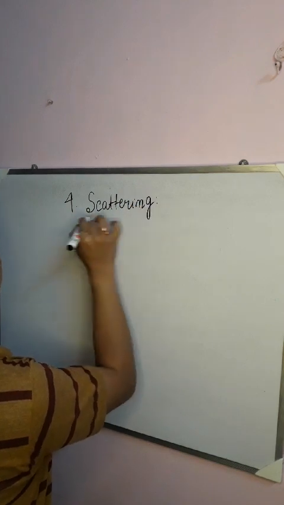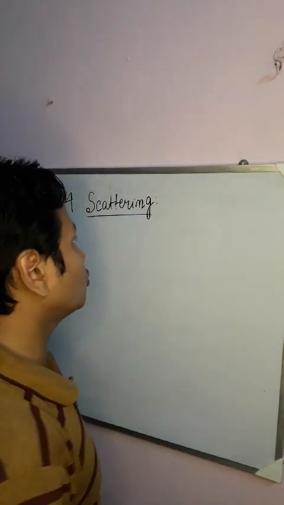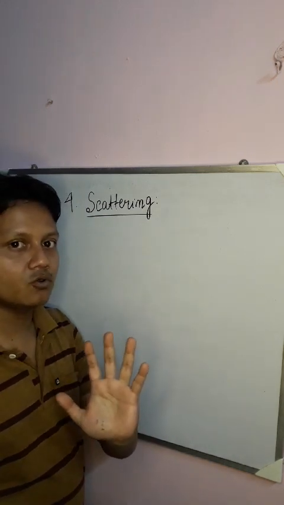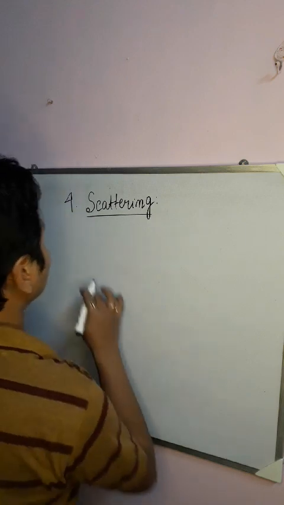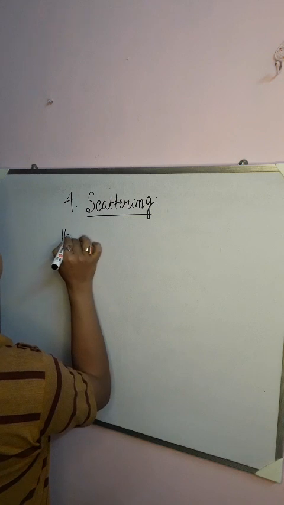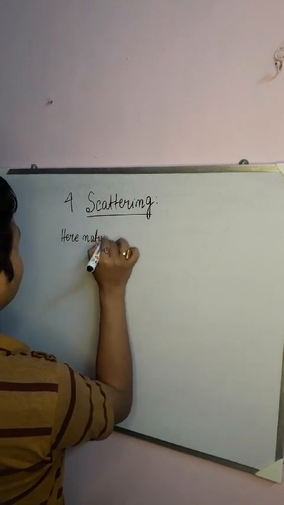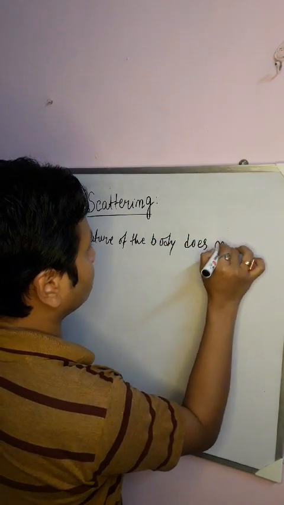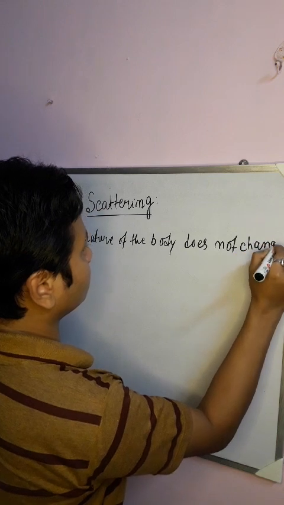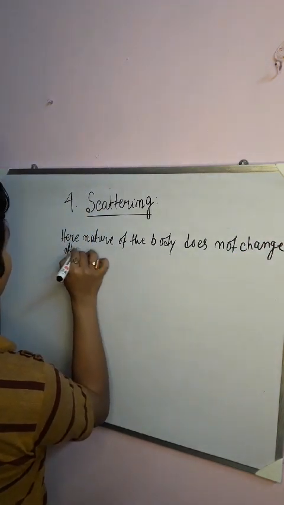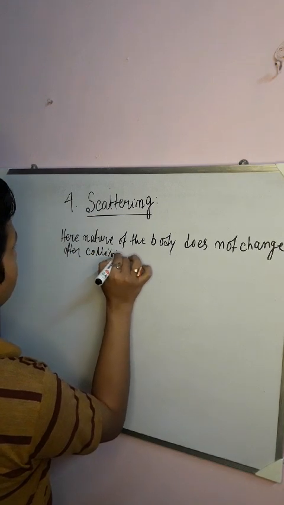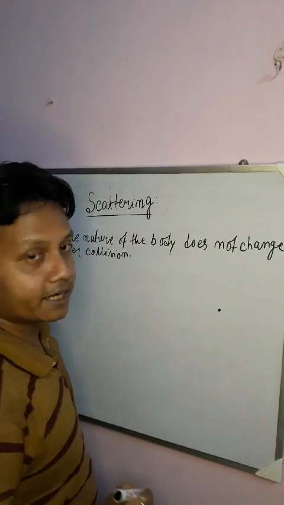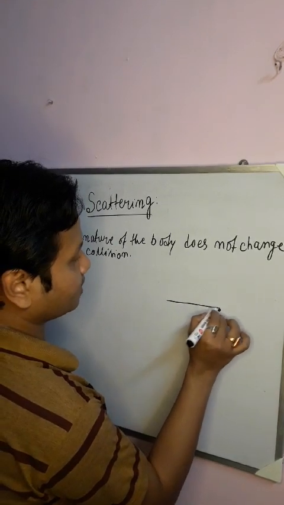So what is scattering? This is a special type of collision where the nature of the body does not change after collision. We all know that suppose there is a target at rest and a striking particle is coming towards it.